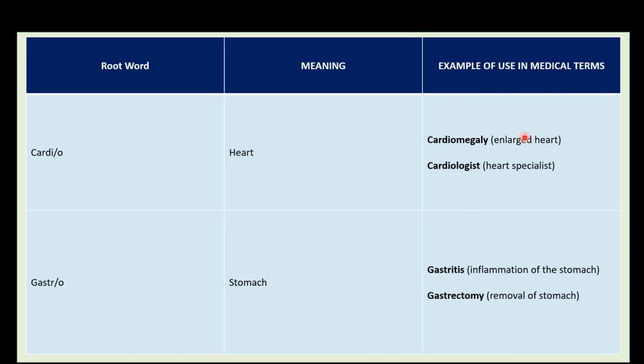Again, in this terminology, 90% of the information is coming from cardio only, because when we hear or read cardio, it is clear that it is related to the heart. So most of the meaning you have got. Now you just need to find the remaining part, like the suffix or prefix, whatever is there. Here we have the suffix megaly, which is enlargement of the heart. Okay.